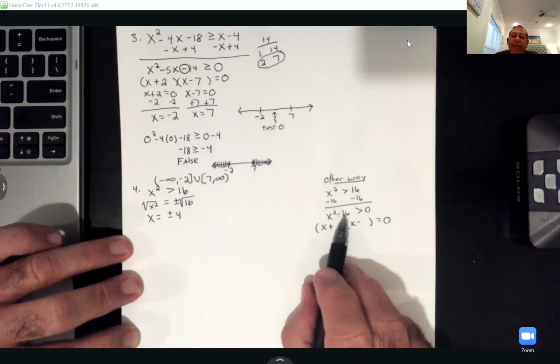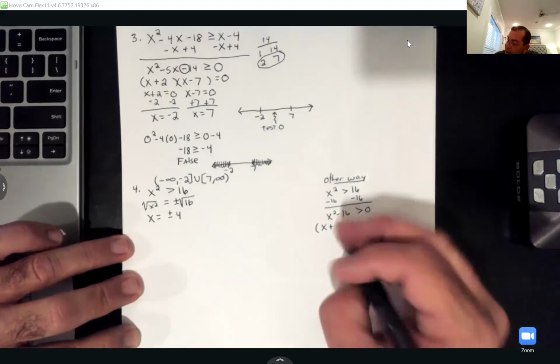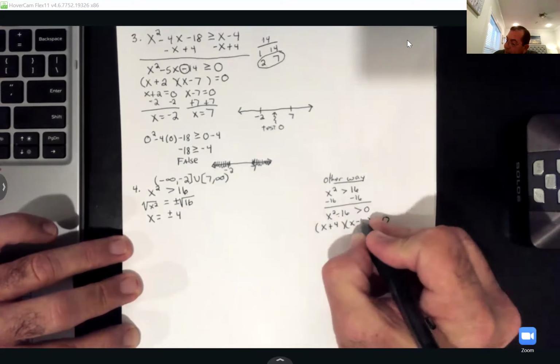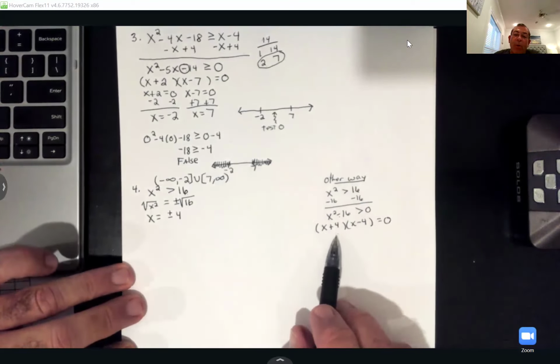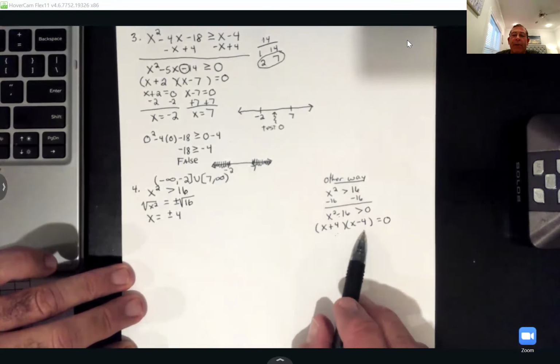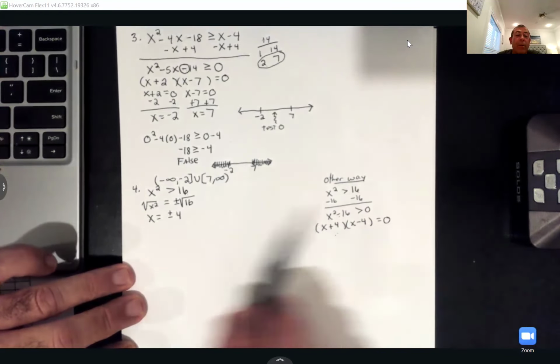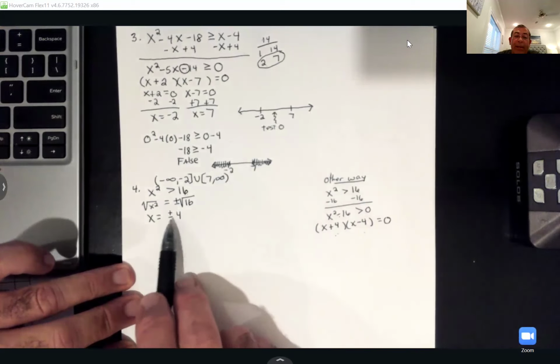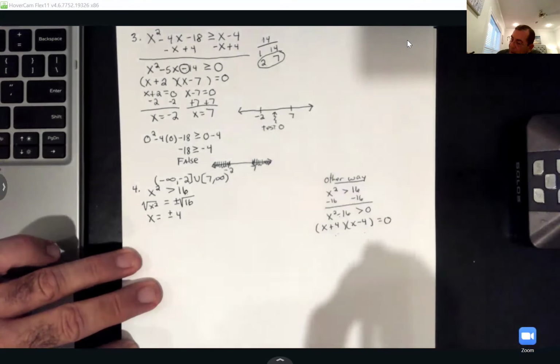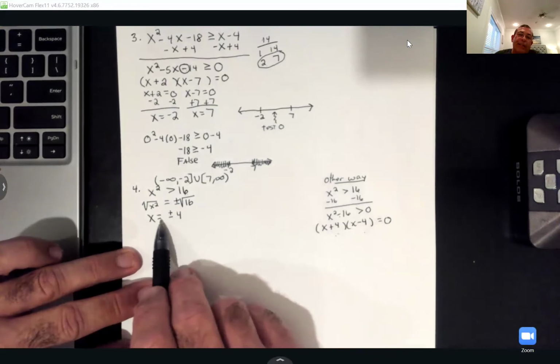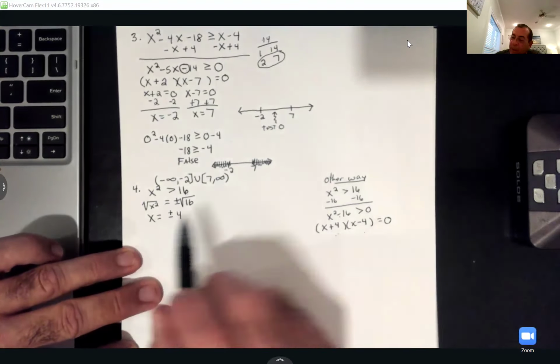And then to find the factors that you need, you'll just take the square root of 16 and get a 4 and a 4. So I won't go further, but at that point, you would set x plus 4 equal to 0, x minus 4 equal to 0, and that'll give you the same two answers as we got over here, okay? All right, so either way, I think this is quicker, is why I like to do that square root stuff.